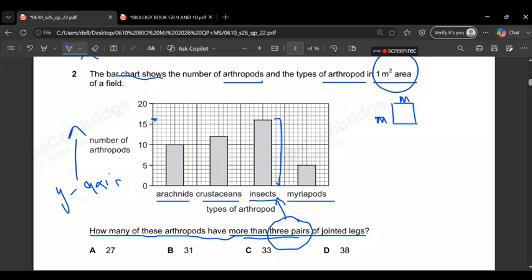Looks like if we exclude insects, the rest we can add them. So add them. You add 1, 2, and 3.